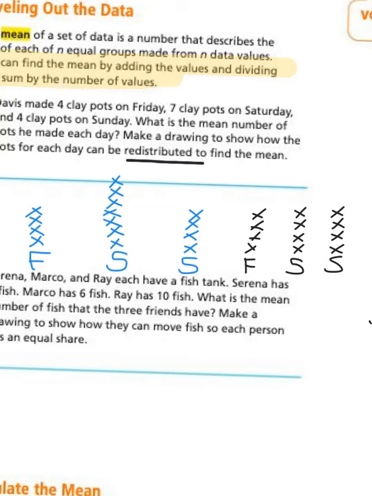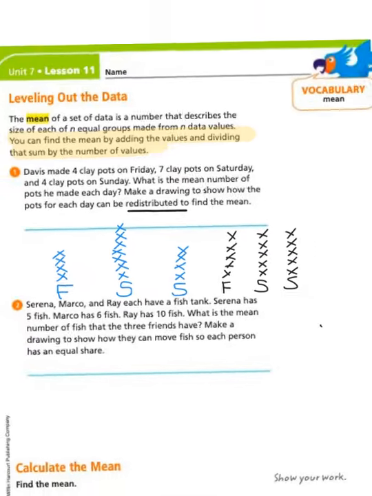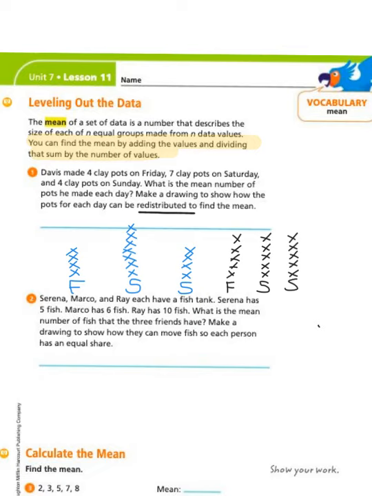Okay, now, but he really had 3 more. He had 7 total. So we can redistribute that to find the mean by putting 1 over here, 1 over here, and 1 over here. And what that does is it shows us that we have moved these 3 X's.